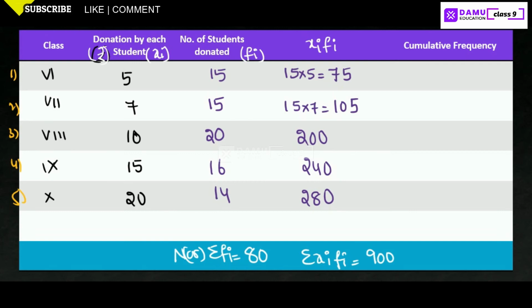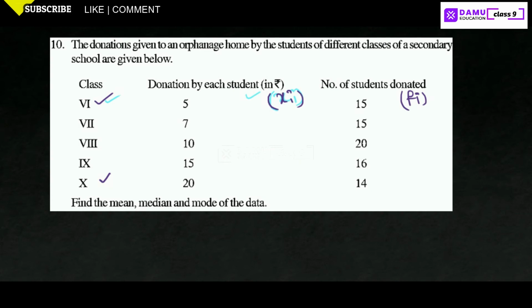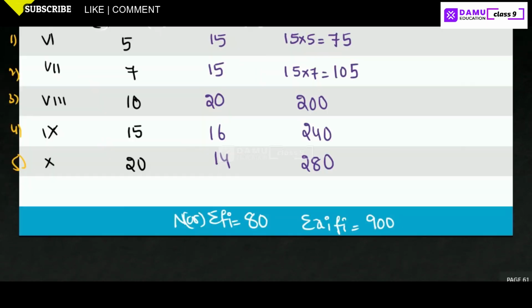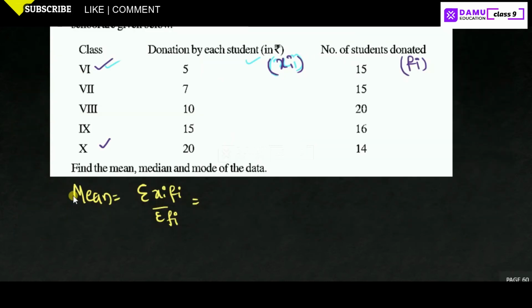Next, the mean we can easily calculate. Mean will be equal to summation of Xi Fi by summation of Fi. So the summation of Xi Fi will be 900, all divided by the summation of Fi, which is 80.